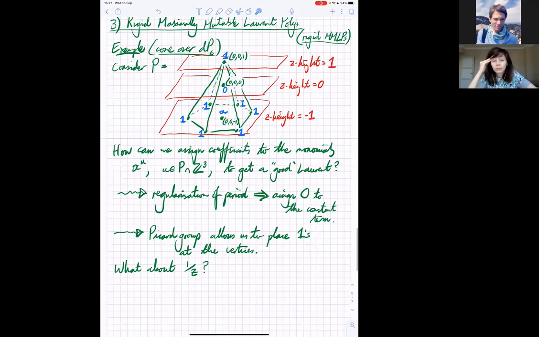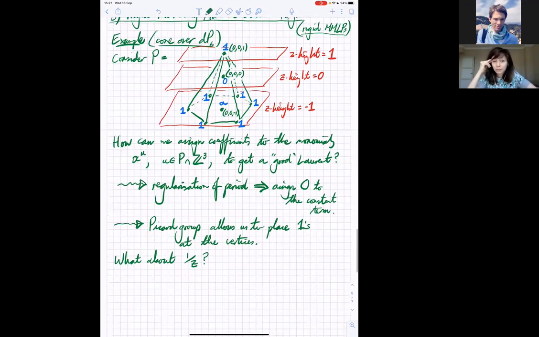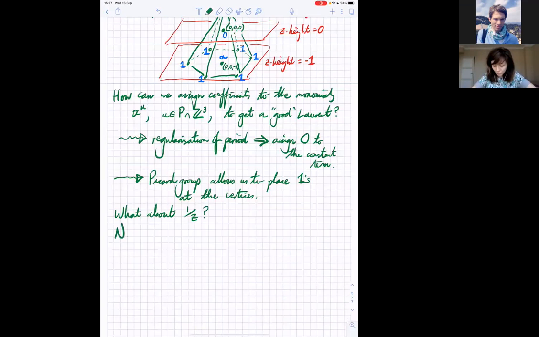It turns out there's exactly 2 different ways we could do a mutation. Notice that there are 2 Minkowski factorizations of the hexagon dP6.